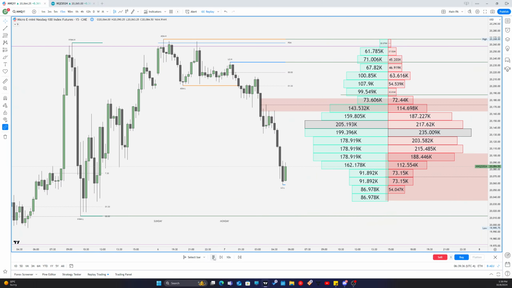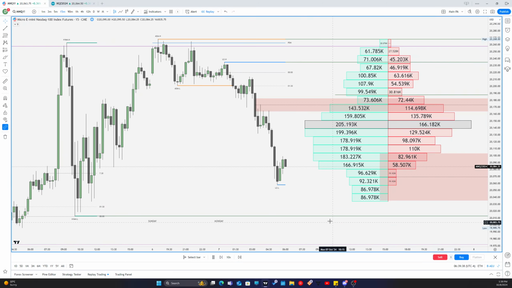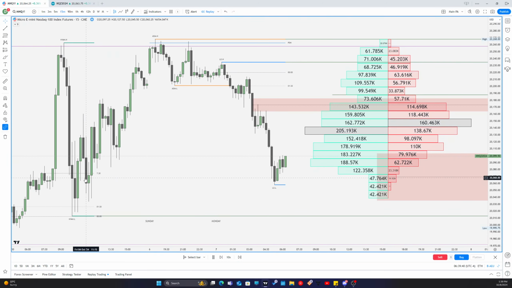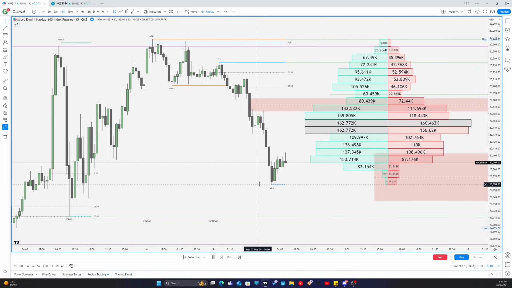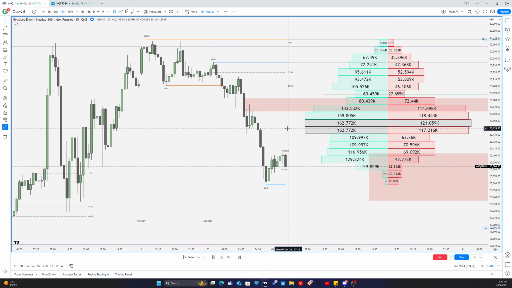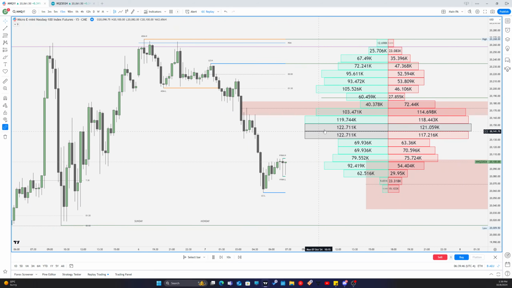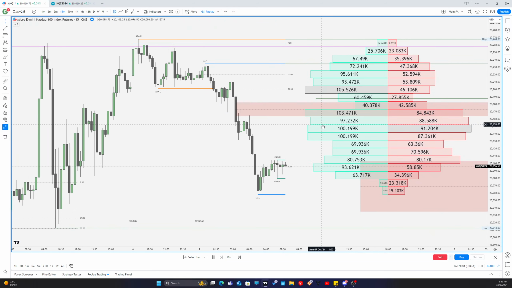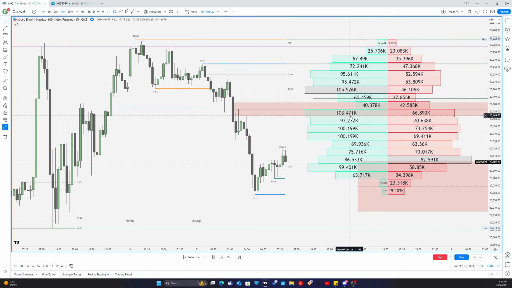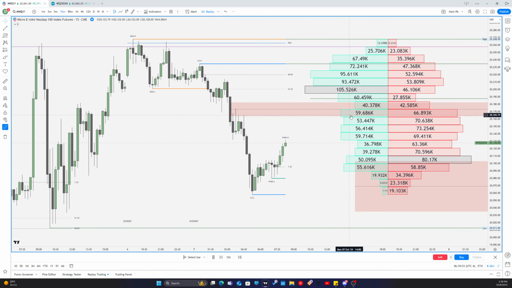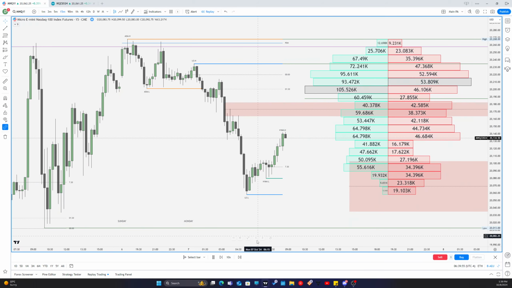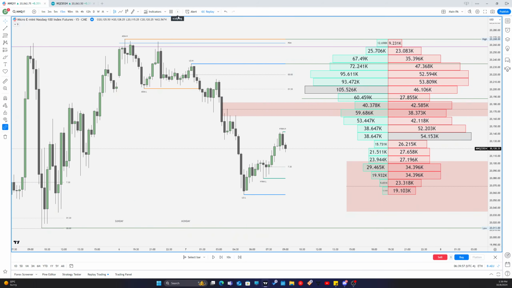So fast forward, price touched the order block, the breaker block. We had retracement again into the highest volume areas. The logic is the same. So institutions fill the bag again around the areas where they initially started filling their bags.